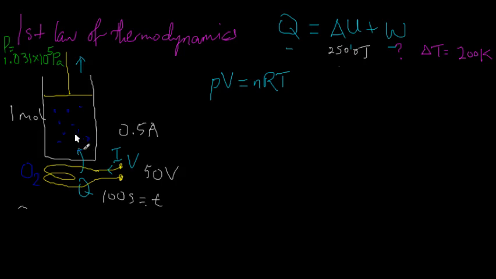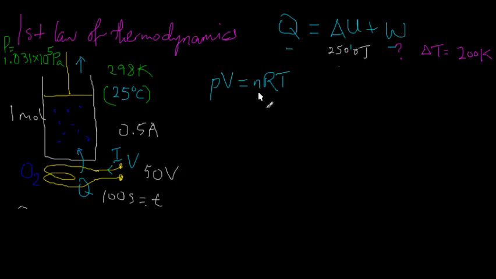That means when it is starting at room temperature, right? I need the starting temperature as well. So I'm going to take this to be starting at room temperature, which I would take to be 25 degrees Celsius. I need this in Kelvin, right? In Kelvin, so I have to add 273. So in Kelvin, that would be 298 Kelvin.